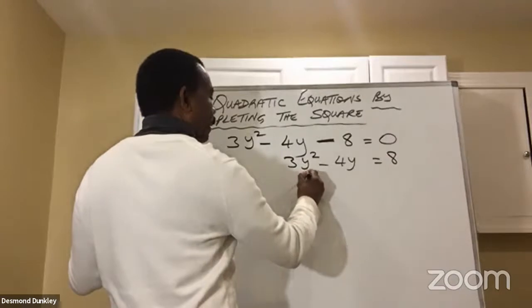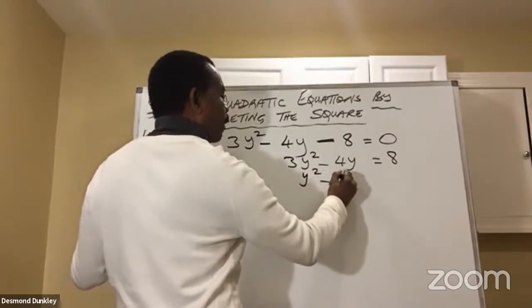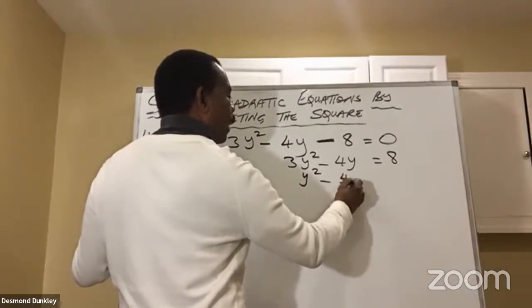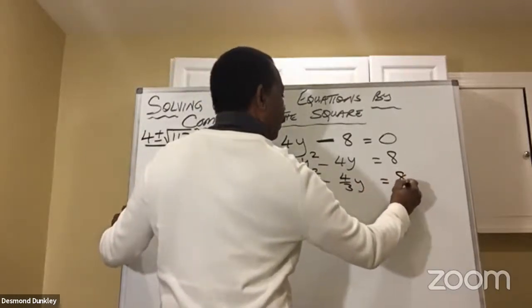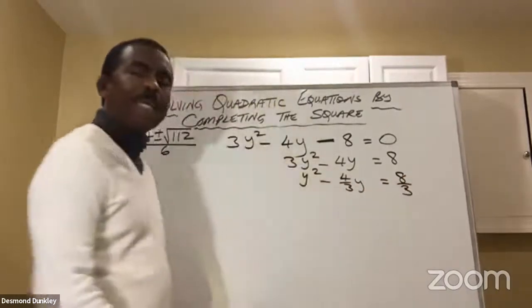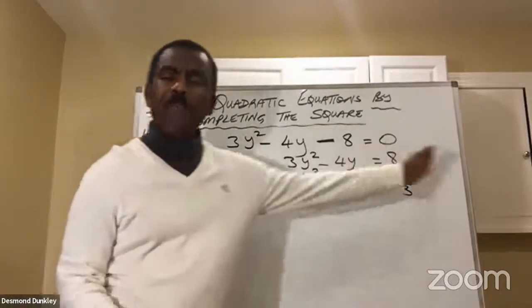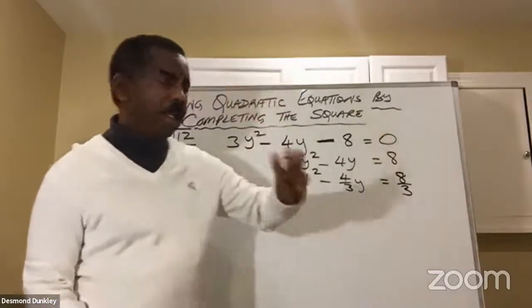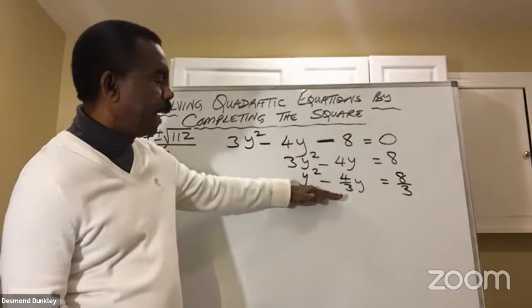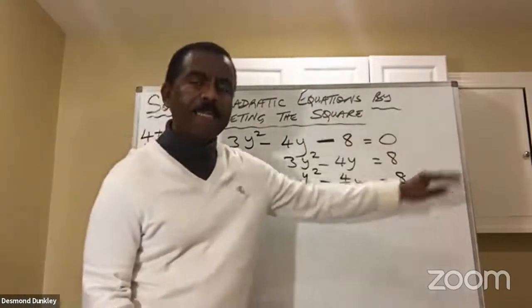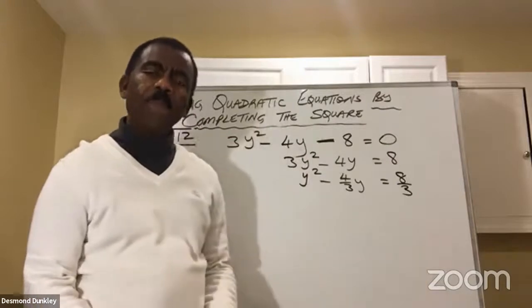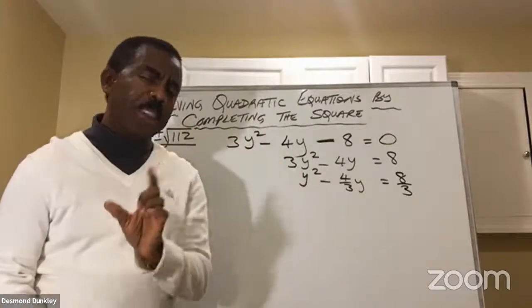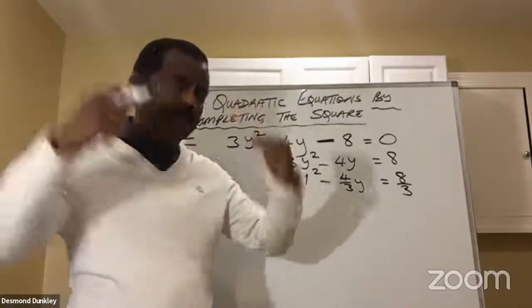So we have y squared minus 4 over 3y equal to 8 over 3. What have I done? I've divided the entire equation by 3, the left-hand side and the right-hand side. Not a problem. It is acceptable in math world as long as you do the same thing to both sides. The equation is still balanced.